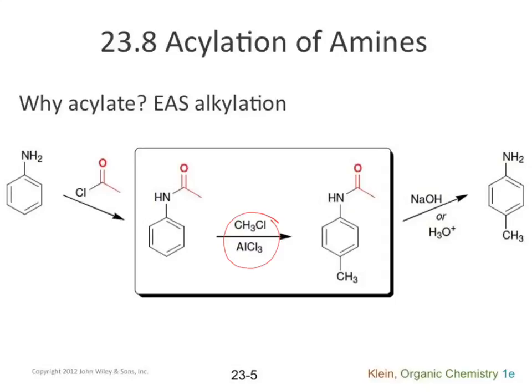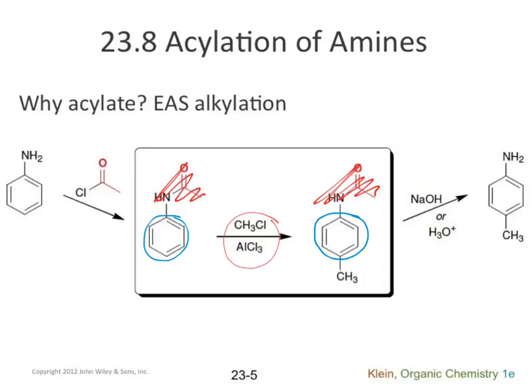Well, let's ignore the nitrogen section for a minute. As soon as we put on that CH3, what's the difference now between our starting ring and our end result ring? It's more activated. So with our Friedel-Crafts alkylation, as soon as we put on a single alkyl group, we've now activated our product to react even further.